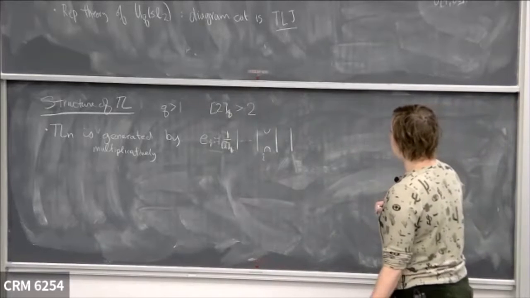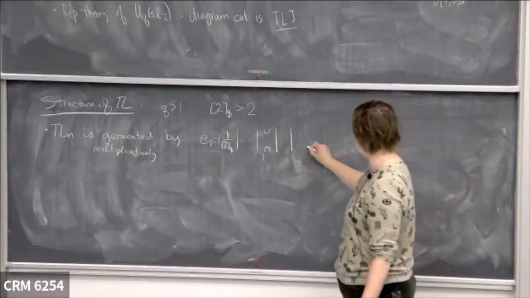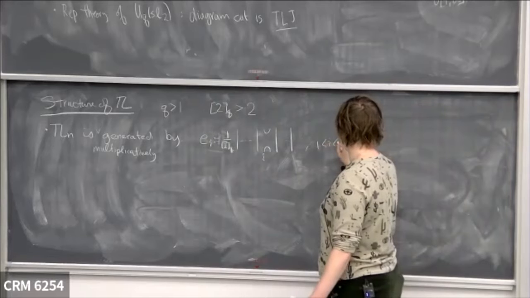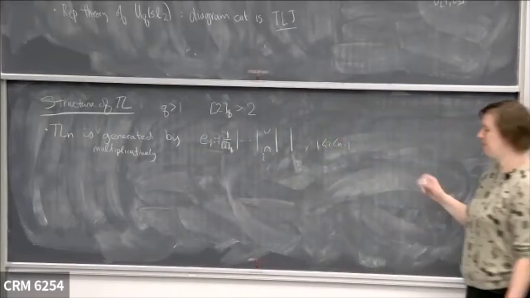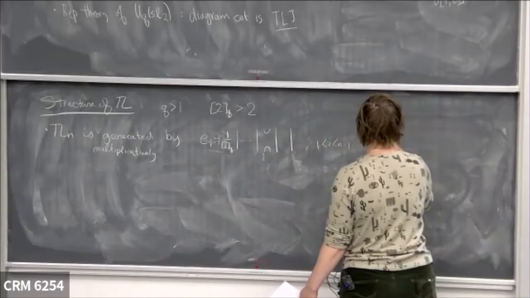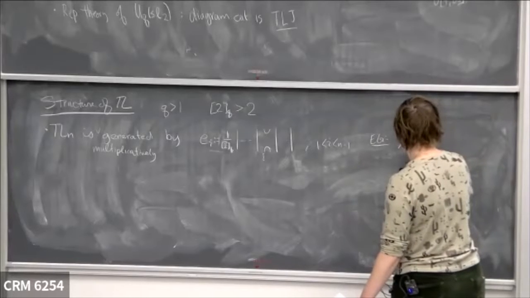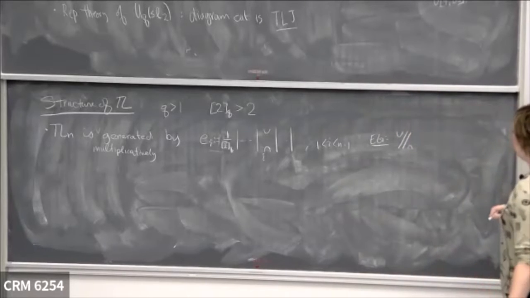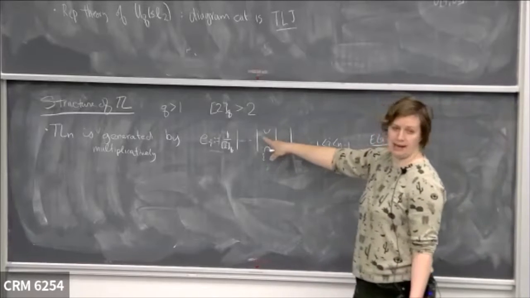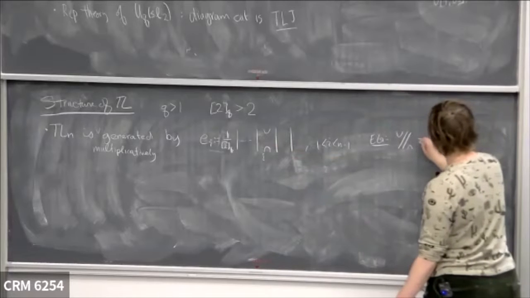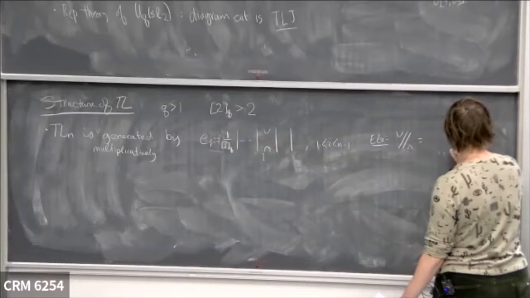What about the fact that these multiplicatively generate TL_n? Maybe I should say i goes from 1 to n minus 1. Let's do an example. I'll do something easy, but the idea is not really any more difficult. What if we wanted to represent this as a product of e_i's? Well, you can see that at the bottom level, you have a cap.